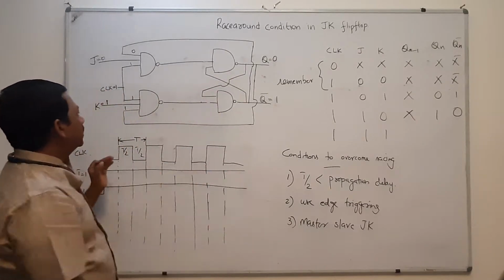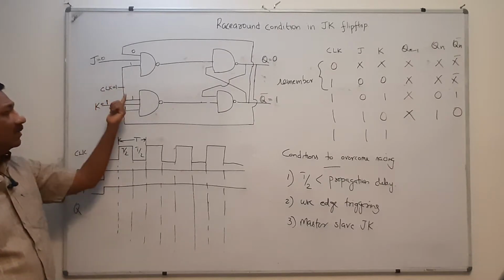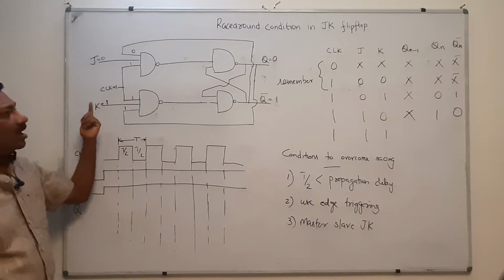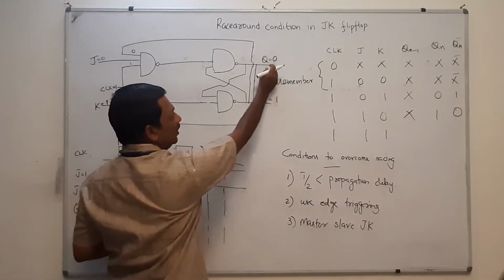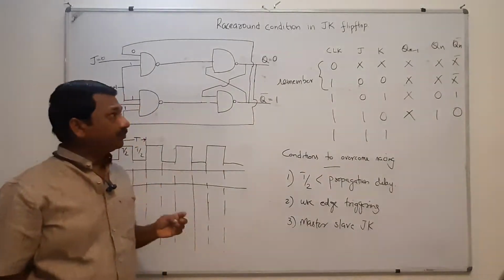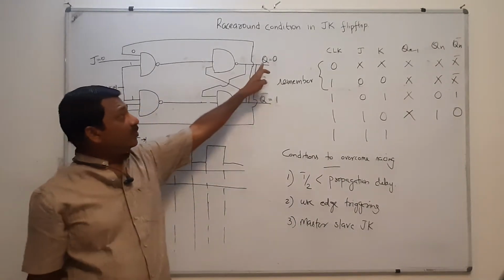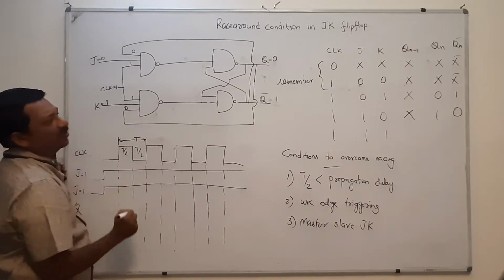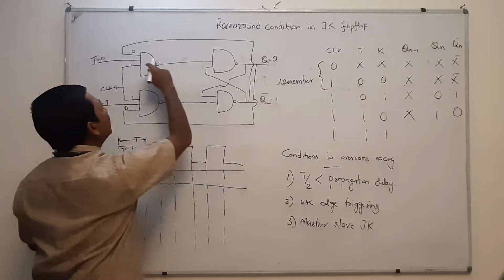We know these three values. Clock input is 1, the values of j and k are 0 and 1, and the previous value of q is 0. If q is 0, q bar will be 1. Now, if q is 0, what will happen? This will be 0. And if q bar is 1, what will happen?